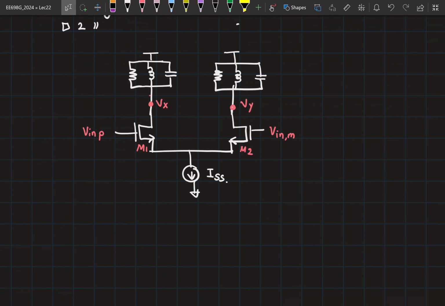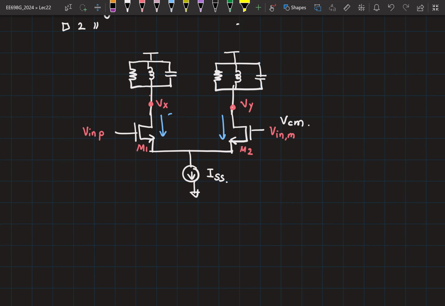Now, under steady state, let's say I applied some common mode voltage to both inputs, right? Then what is the current you expect to see in M1? This is going to be ISS by 2, and the same current ISS by 2 is going to flow through M2 as well.